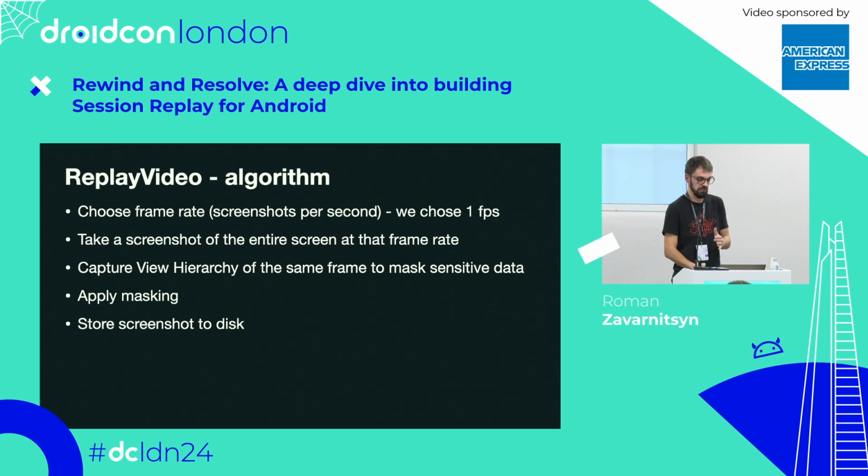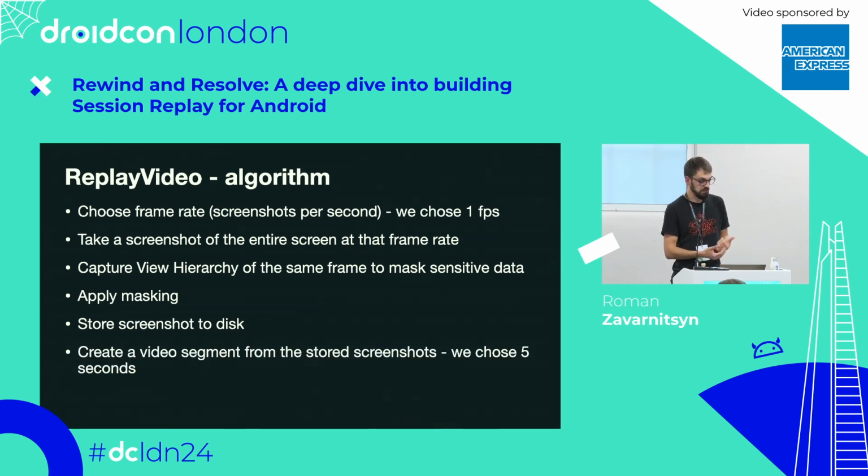Then you want to rewatch what happened prior to that. And the final step, we want to create a video segment from those stored screenshots. We chose a 5 second video segment here to have small chunks of video that we send from the SDK, to not consume a lot of the network bandwidth of the device.